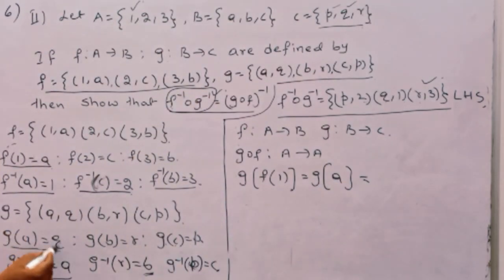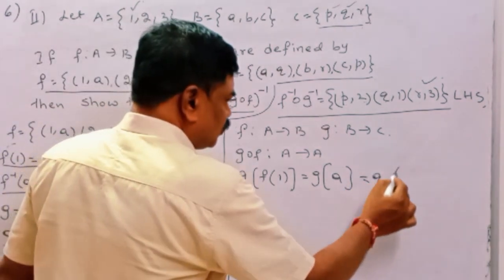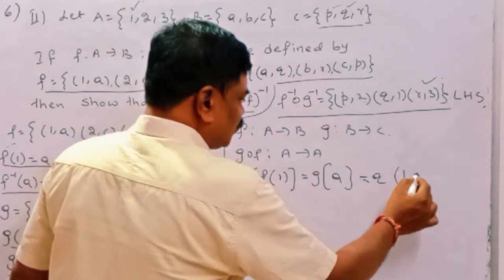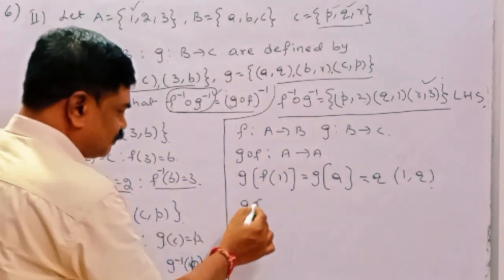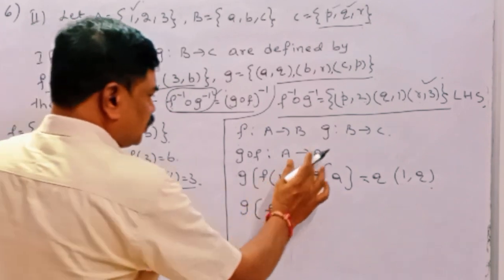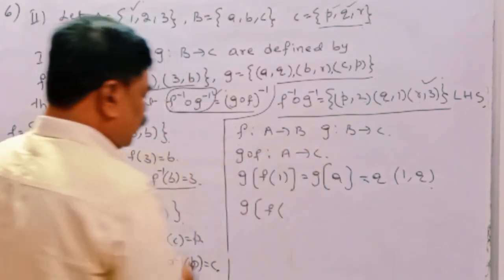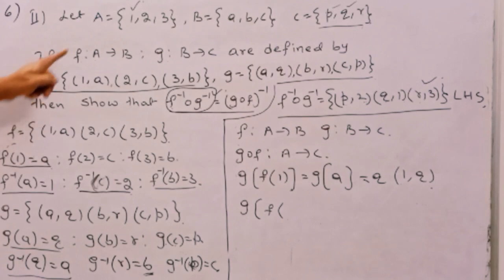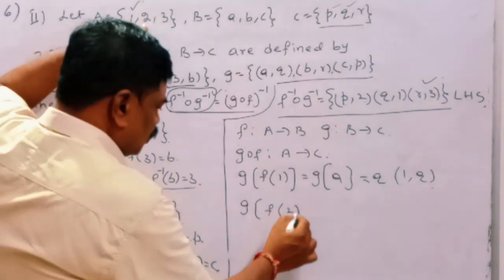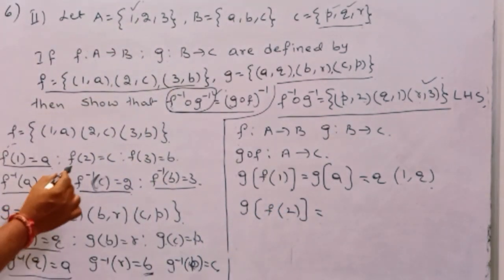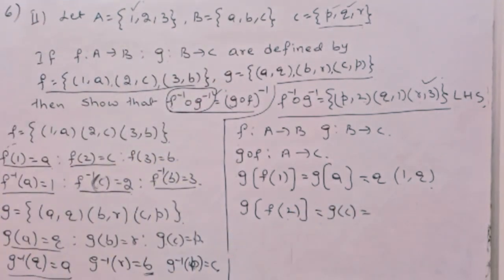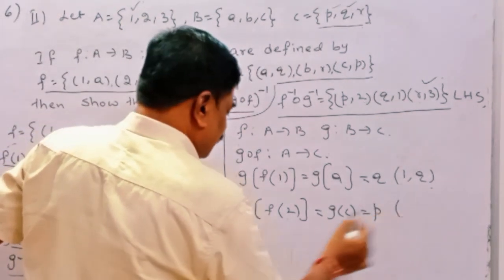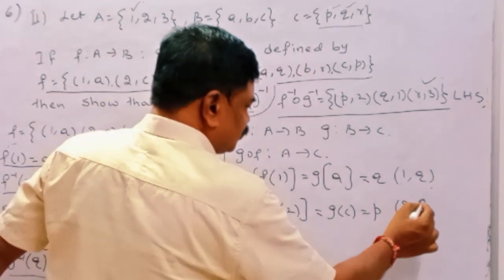G of A is Q. So the ordered pair is 1 comma Q. Next, G of F of 2. What is F of 2? F of 2 is C. What is G of C? G of C is P. So the ordered pair is 2 comma P.